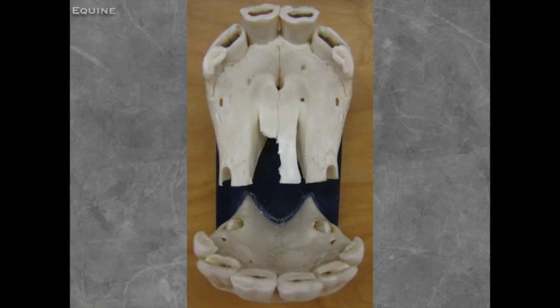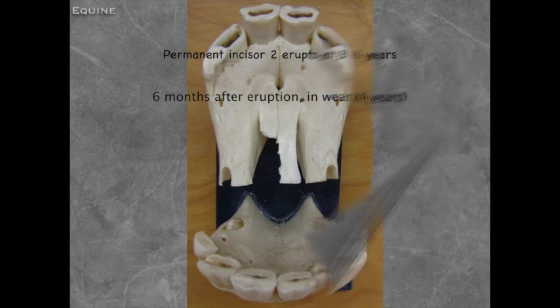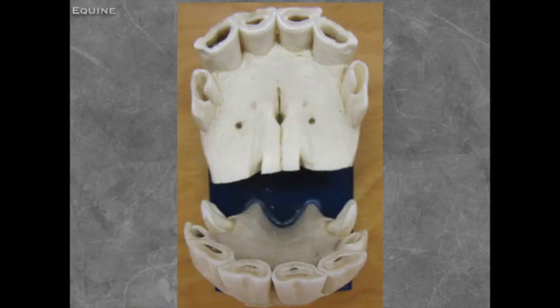Okay. Now in this next image we see that the second permanent incisor has erupted. So eruption time for the second incisor is going to be at 3.5 years. And so the second will be in wear at 4 years old. So here we see now eruption of our third incisor.